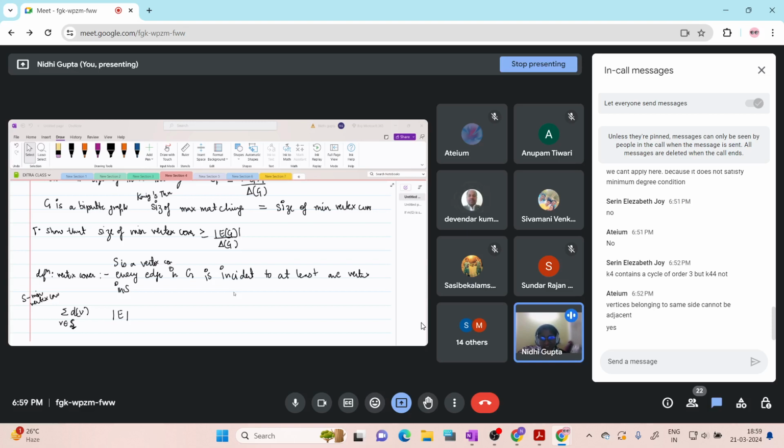So in a vertex cover, we know that every edge is incident to at least one vertex in S. That means if you have an edge, it is contributing at least 1 degree to some vertex in S. So now what should be the relation? Is the sum of degrees greater than or equal to the number of edges, or less than or equal to the number of edges?